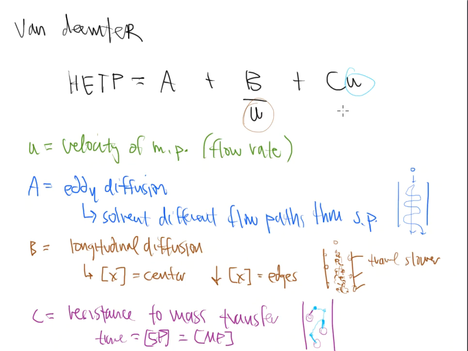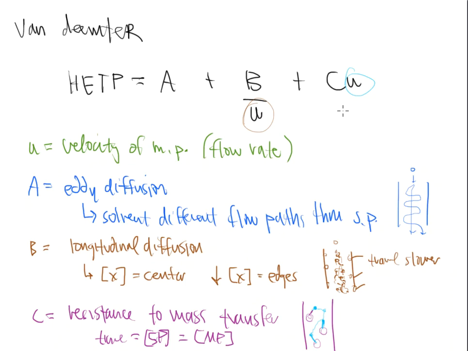So that's what these three variables represent. U is the velocity of the mobile phase. A is eddy diffusion, which just basically means there's different roads that you can take to get to the same place. B is longitudinal diffusion, which means that if you're on the outside and you're touching the edges of a column, you're going to travel at a slower speed.